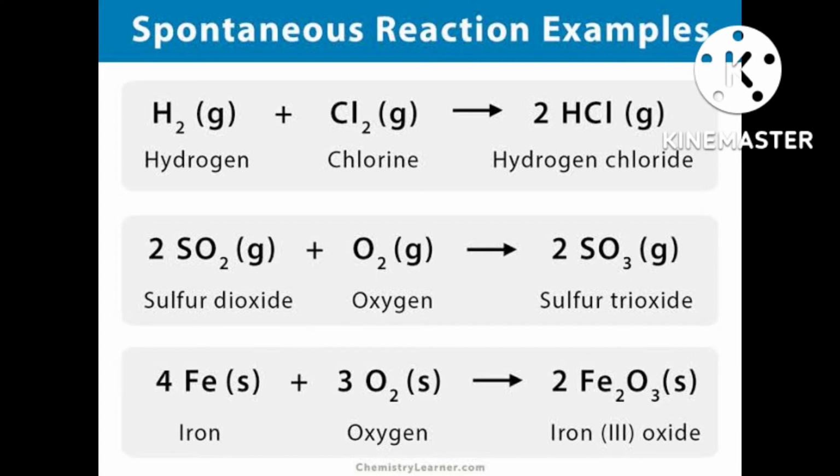Here you can think that a decrease in enthalpy may be one criterion for spontaneity, decrease in enthalpy meaning energy is decreasing.